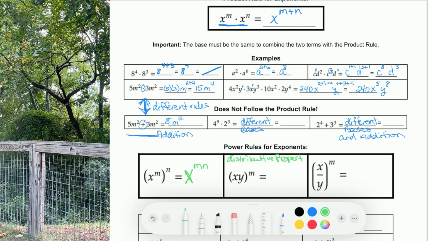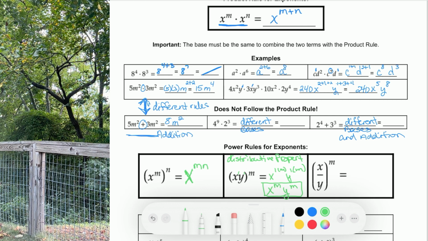And so it becomes x 1 times m, y 1 times m, and that just becomes x to the power of m, y to the power of m. I wanted to show you this part because don't forget they have a power of 1. But this is our final answer of that rule, basically.